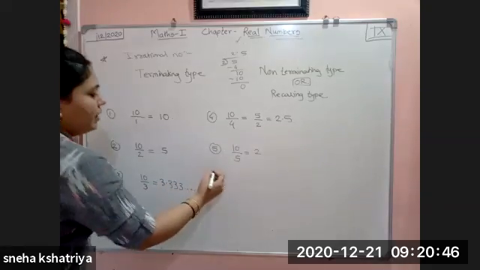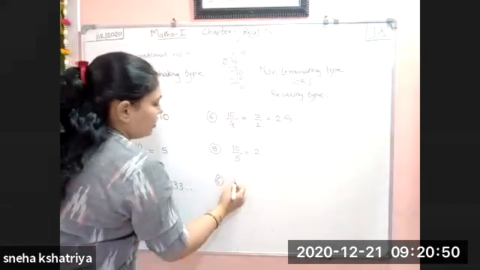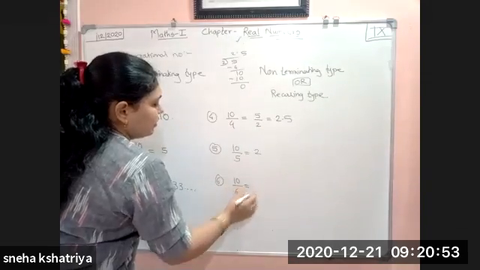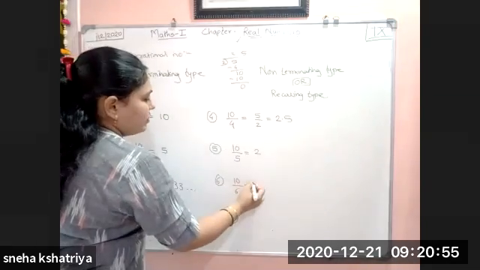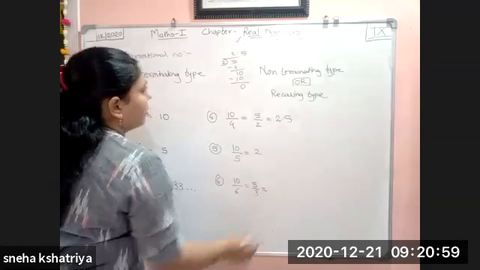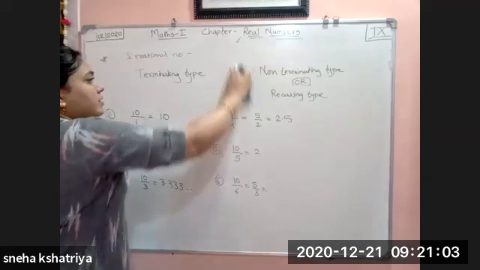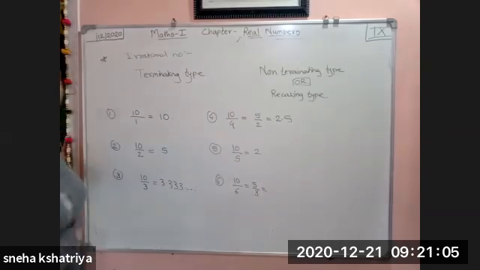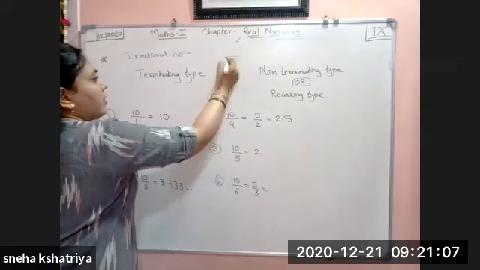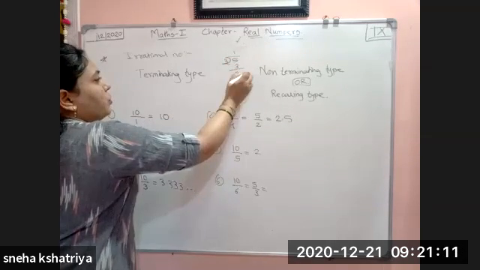Now 6 is what here? 10 divided by 6. Again we can reduce it to 5 divided by 3. 5 divided by 3: 3 ones are 3, remainder 2.